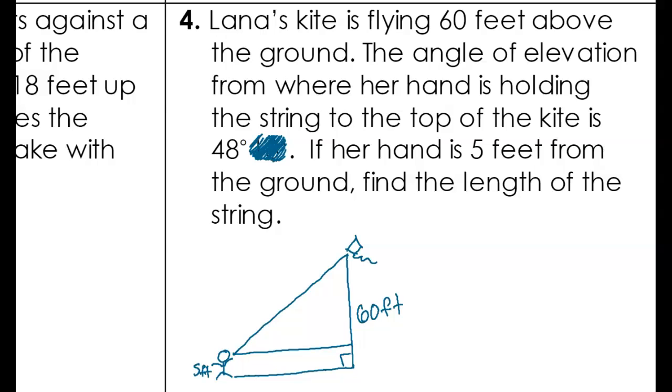Right, you're both right. Yes, this height is no longer 60. The entire thing is 60, but in the triangle that we're now dealing with, from her hand, 60 minus 5 is 55.